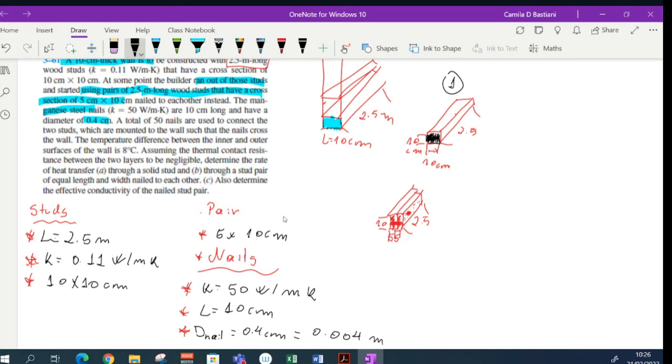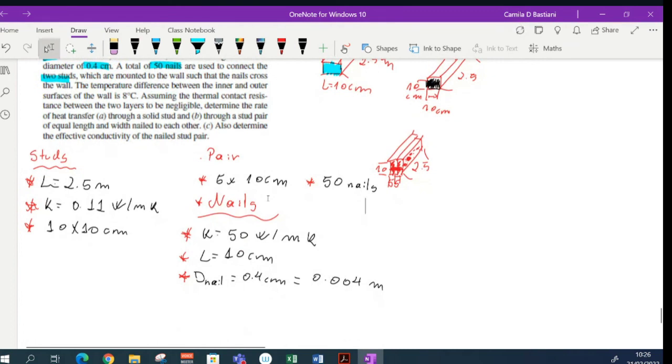A total of 50 nails are used to connect two studs. So for each pair of studs, I need 50 nails for the pair, which are mounted to the wall such that the nails cross the wall.